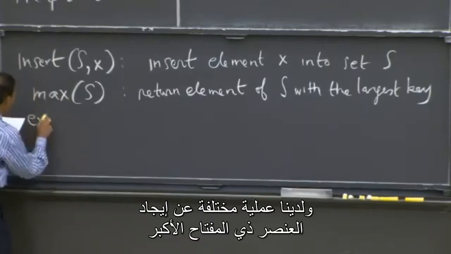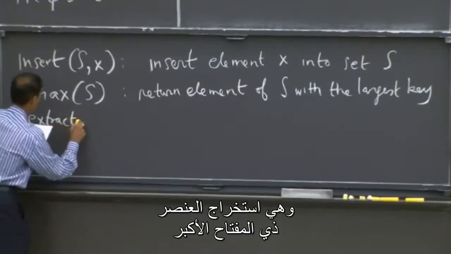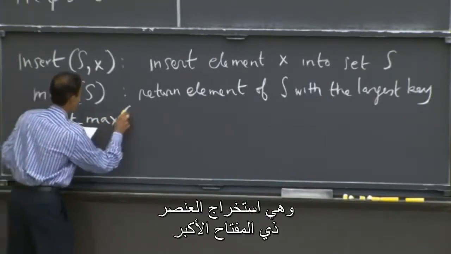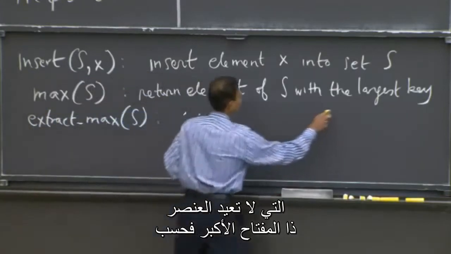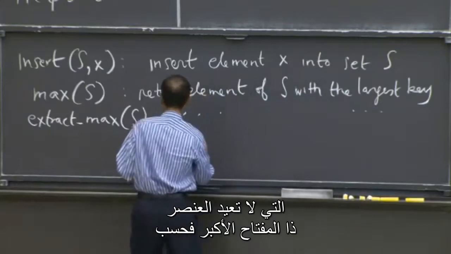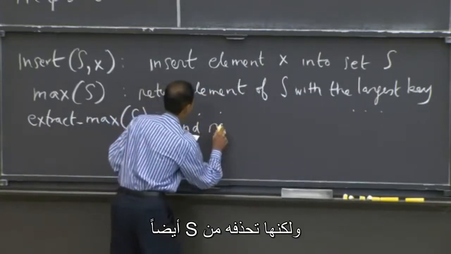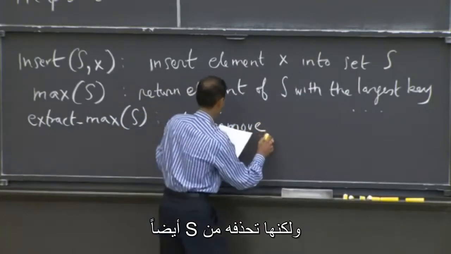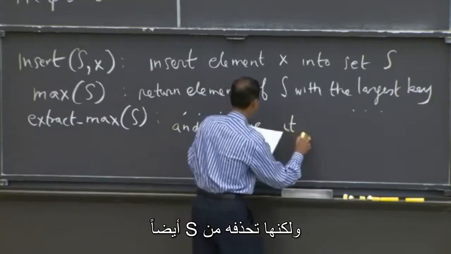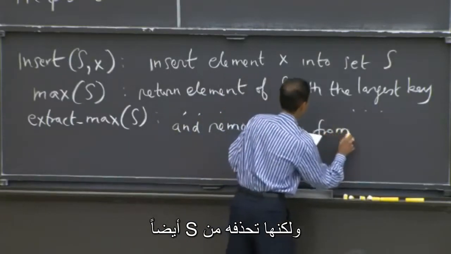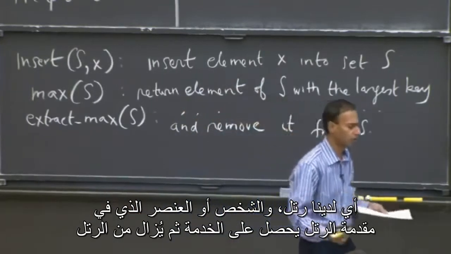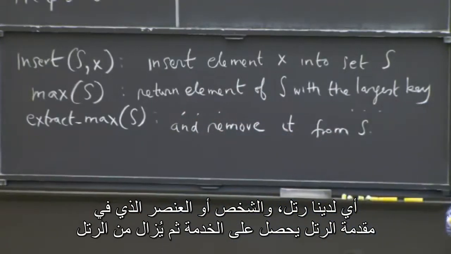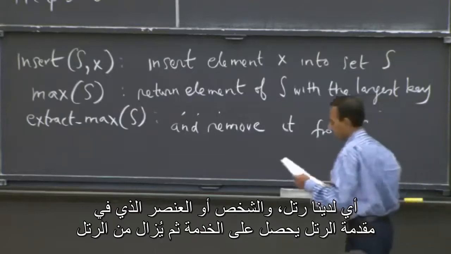And different from max(S) is extract-max(S), which not only returns the element with the largest key, but also removes it from S. So you have a queue, and the element in the queue was serviced and then removed from the queue.